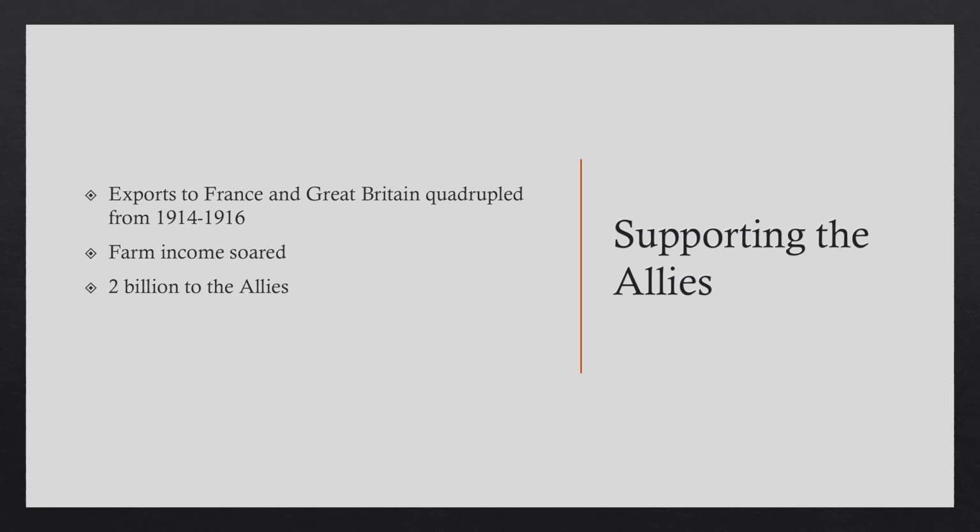So farm income soared 25% in the United States. The Allies, especially Britain and France, needed loans from US banks or credits from the US government, which would allow them to pay for their purchases later, right? So all of this really helped the United States commerce, right?